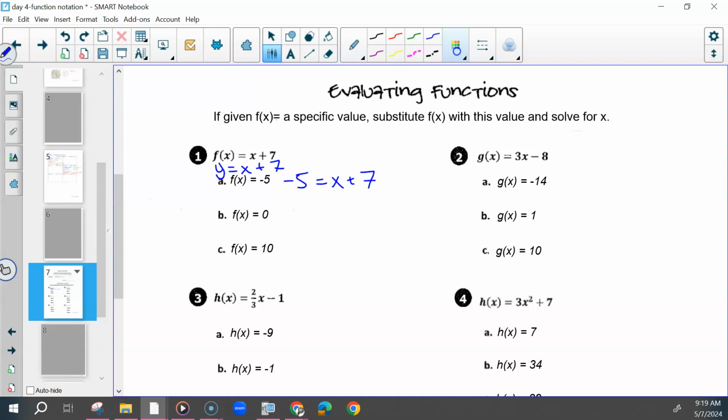And now I'm just solving for x. How would I do that? Subtract 7. So x equals -12, and you could leave it like that, or you could put in f of -12 equals -5.